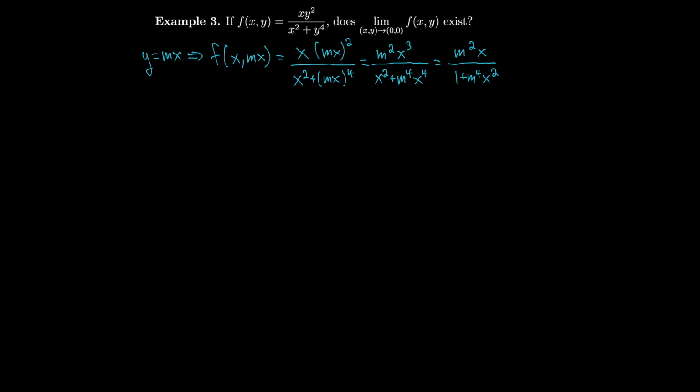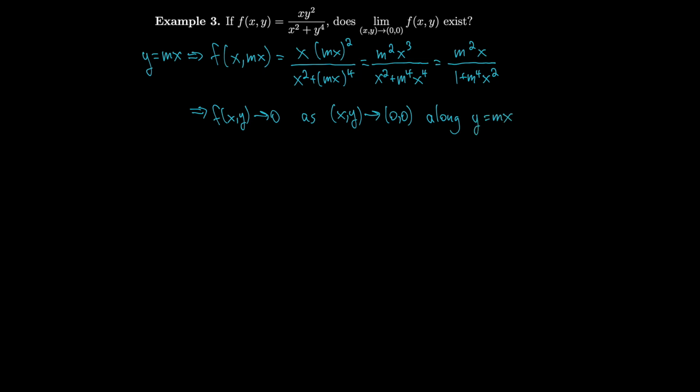So let's take this to 0. We get 0 over 1, so it looks like this thing goes to 0. So we could say f(x, y) tends to 0 as (x, y) tends to the origin along any line to the origin, y equals mx.